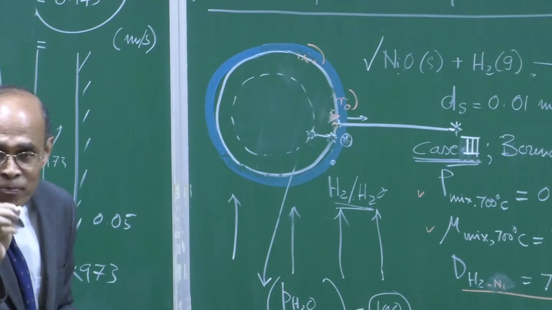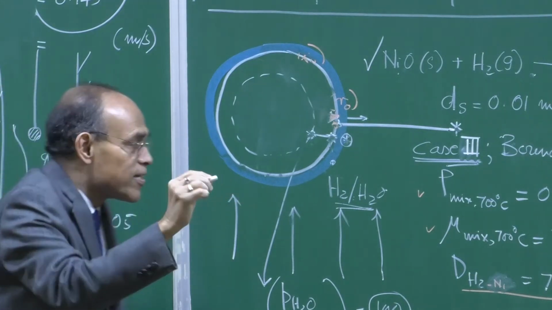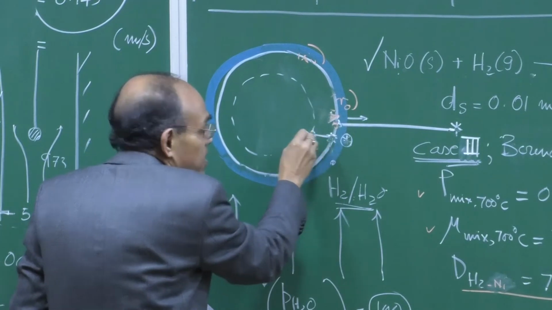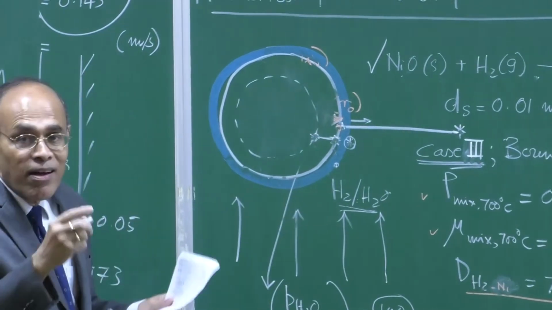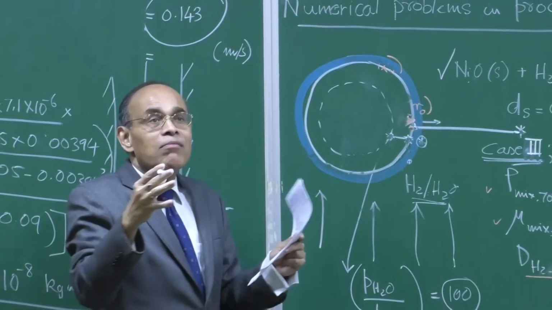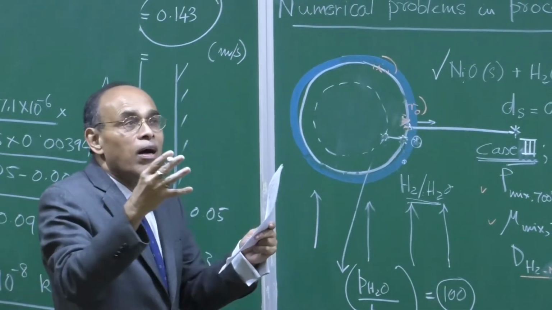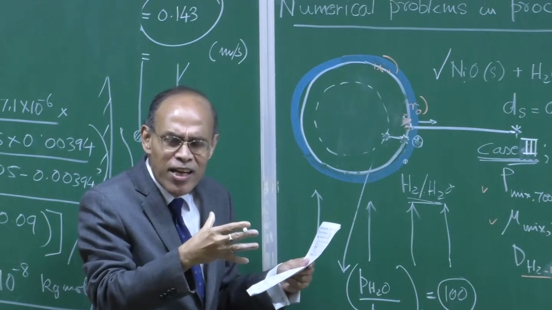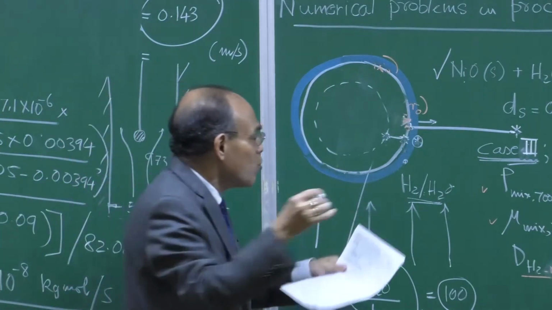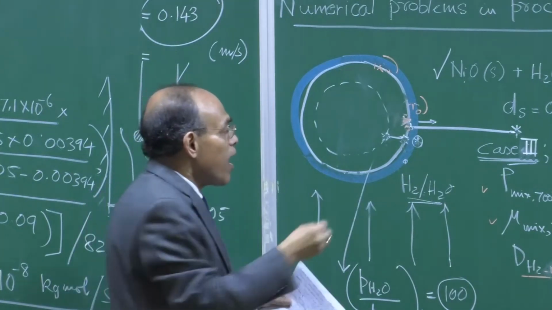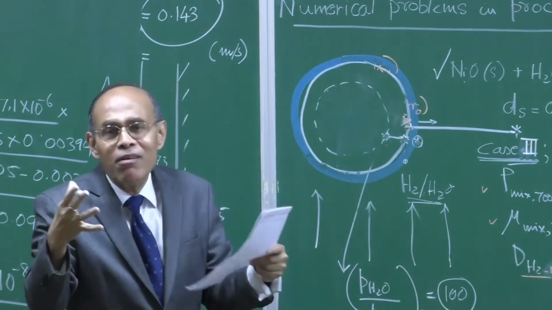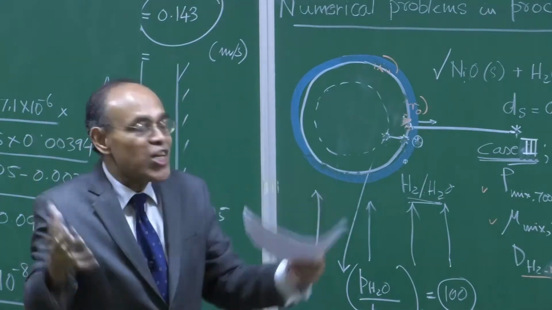But we must understand that whatever gas gets transported through the boundary layer, it immediately reaches here and then the chemical reaction takes place. So, the molar rate of hydrogen consumed because of chemical reaction is approximately going to be equal to the molar rate of transport of hydrogen through the boundary layer, because these interfaces really do not have a capacity to contain large volume of hydrogen.